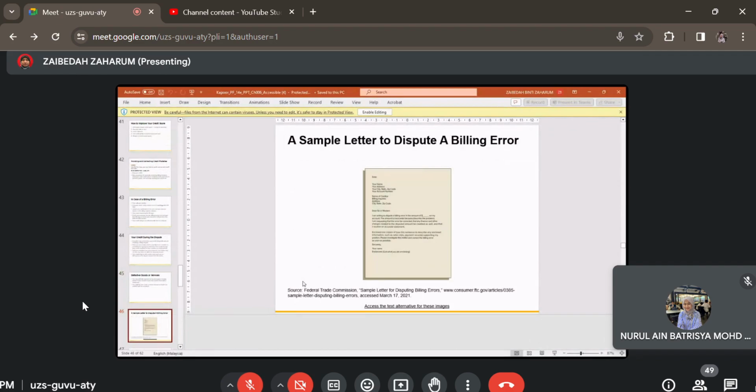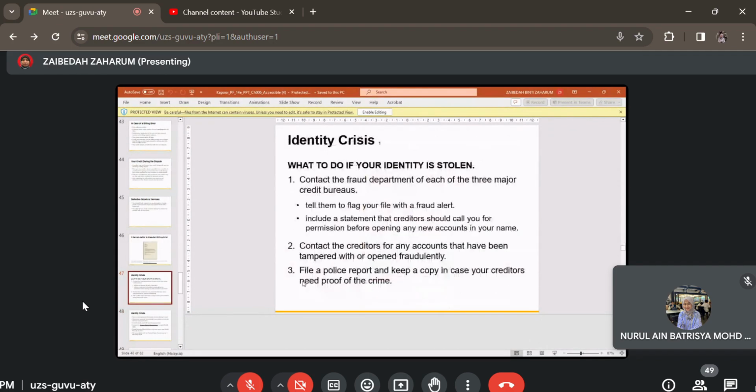Alright, so ni adalah contoh letter of dispute, and then sekiranya you punya identity is stolen, kadang-kadang ada je orang curi identity kita. What you have to do, you have to contact the fraud department of each of the 3 major credit bureaus, macam saya cakap tadi, Bank Malaysia, and then kita ada consumer protection tadi tu.